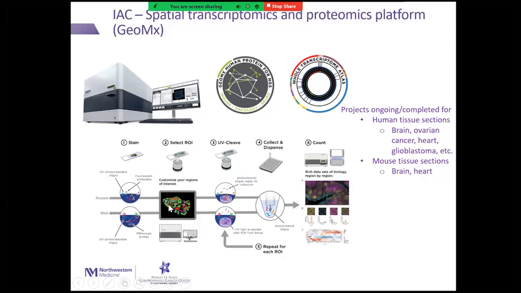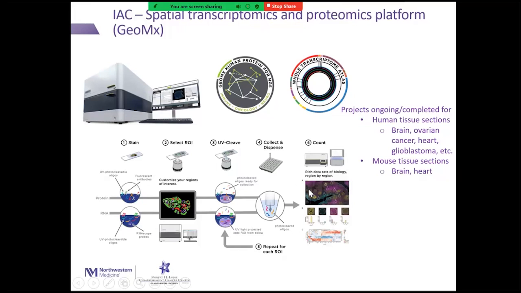Once you have selected your ROIs, the machine is going to cleave the oligos which are attached to your probes, which are photocleavable. The oligos get cleaved and are collected in 96-well plates. Once they are collected, we go further for library preparation, and then they are submitted for sequencing on the Illumina platform, and later the data is analyzed.